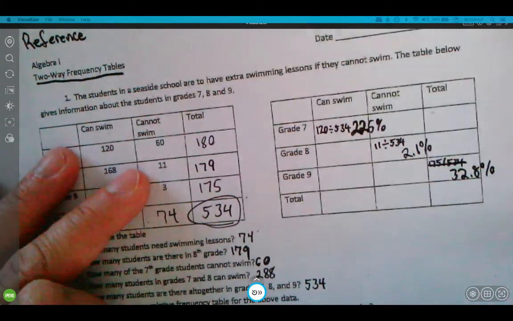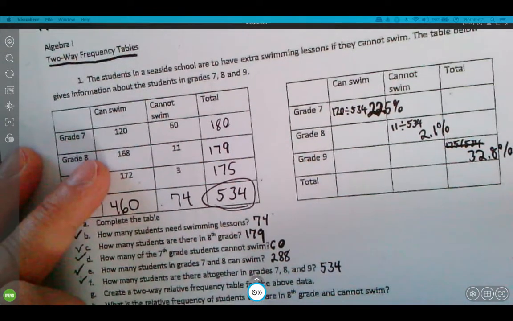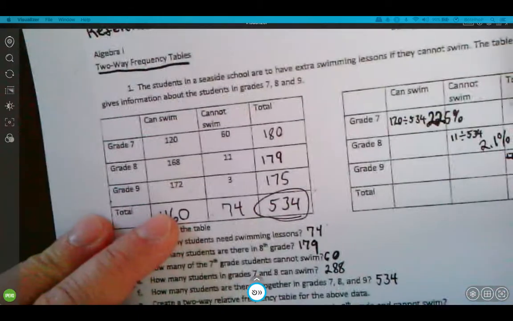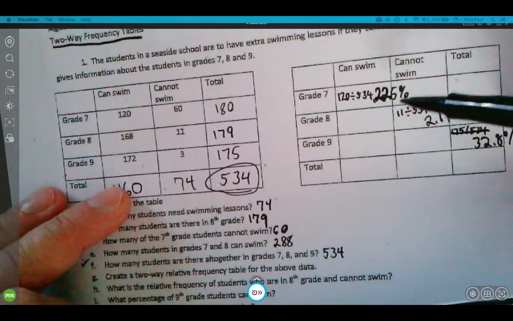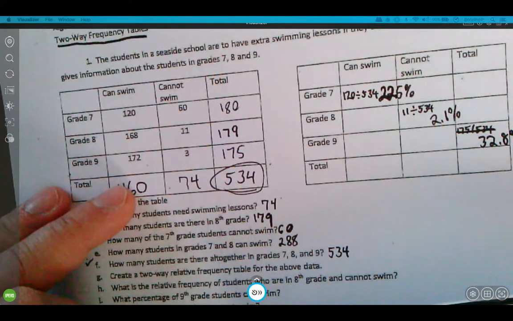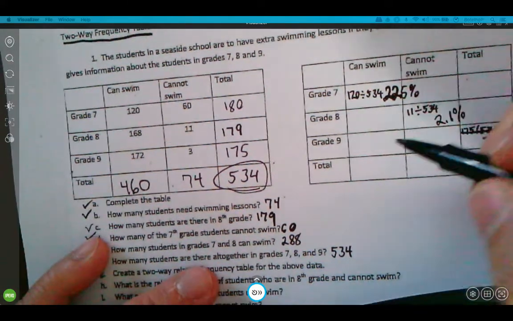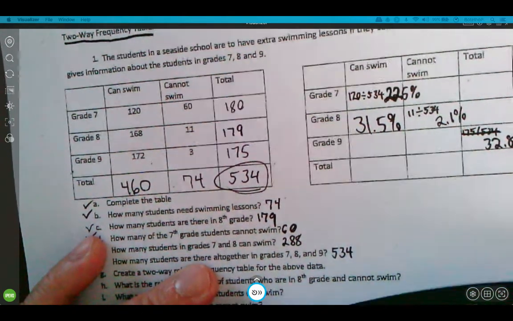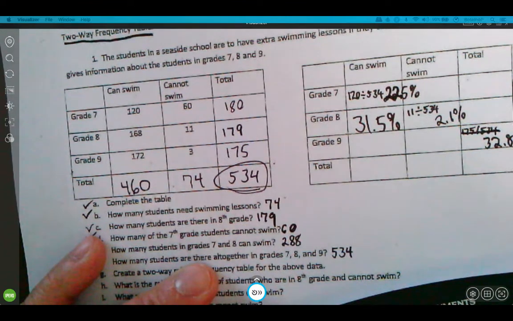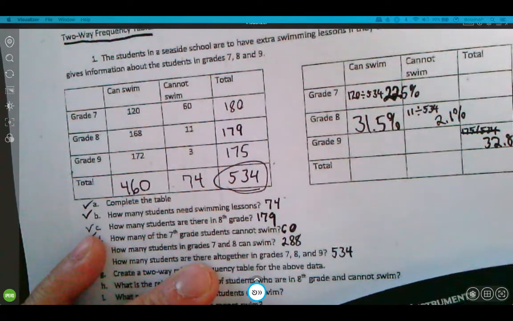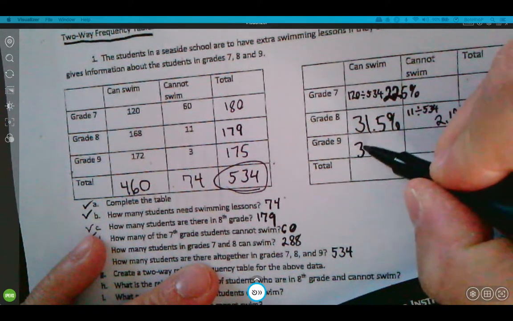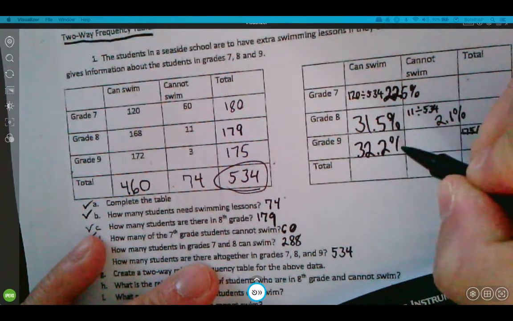All right, now I'm going to fill in the rest here. I'll do just the main part, and then the total should just be a matter of adding it up. Here I'm going to do 168 divided by 534, which comes out to 31.5%. Ninth graders that can swim is 172 divided by 534, and that's going to be 32.2%.